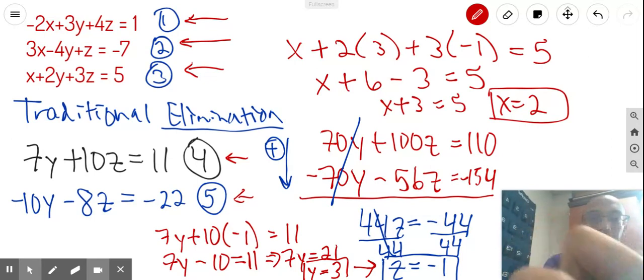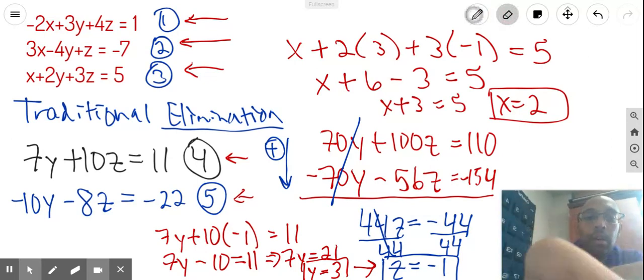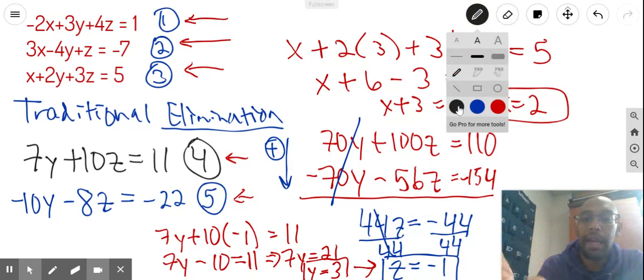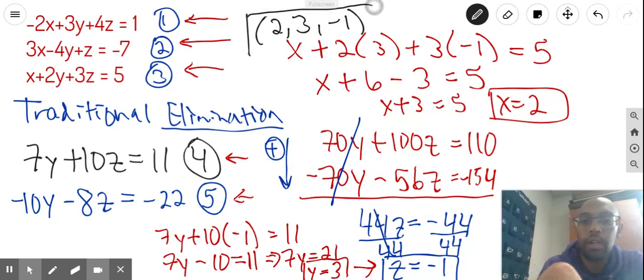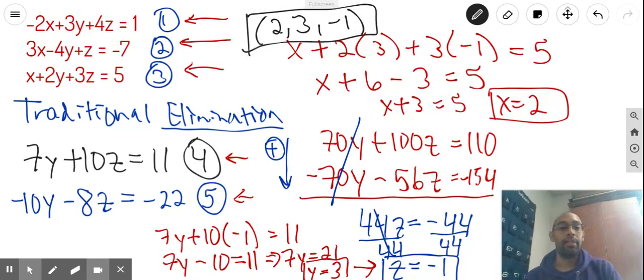So the solution to this system, and I will put it in black here at the top, is x is 2, y is 3, and z is -1. And there is the solution to this 3 by 3 system.